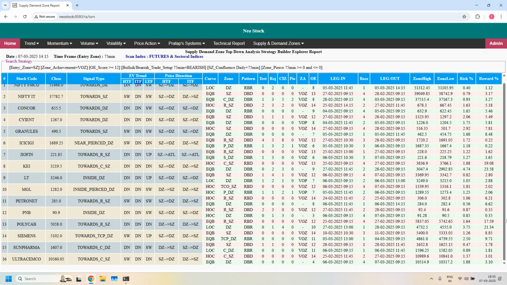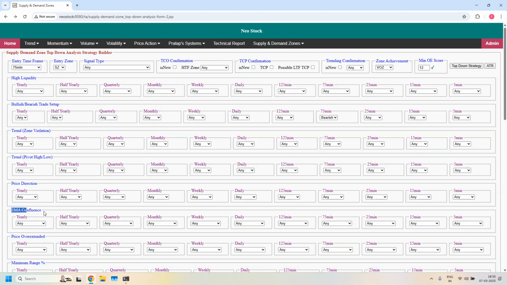That's why let us verify if the daily supply zone has daily EMA confluence. If any stocks are filtered, those 75 minute supply zones are more powerful because they are overlapped with daily, and daily has daily EMA confluence. Let's verify. In the EMA confluence at daily time frame, I am setting the filter daily supply zone having daily EMA confluence.